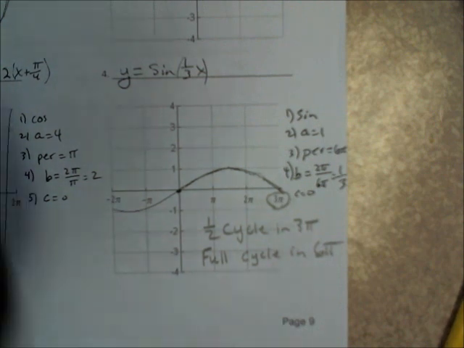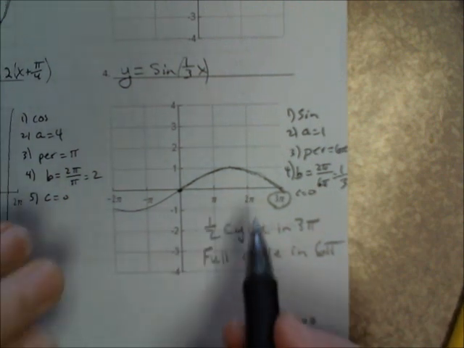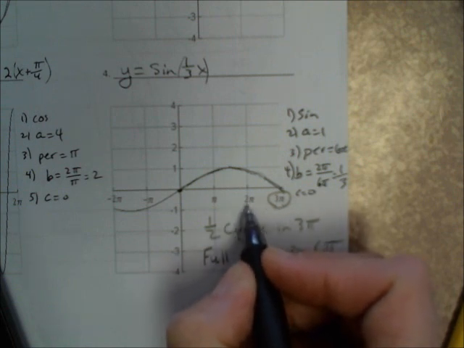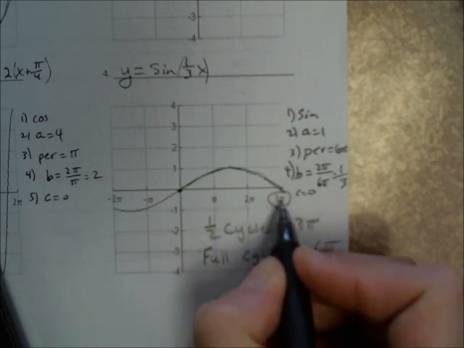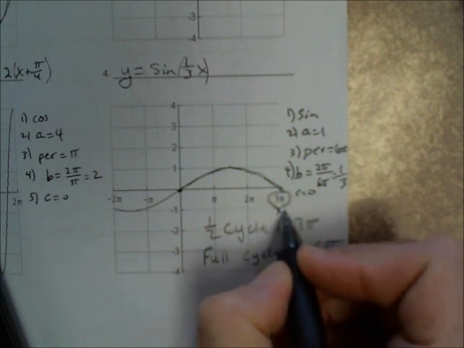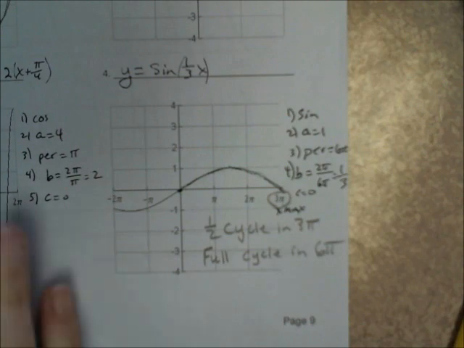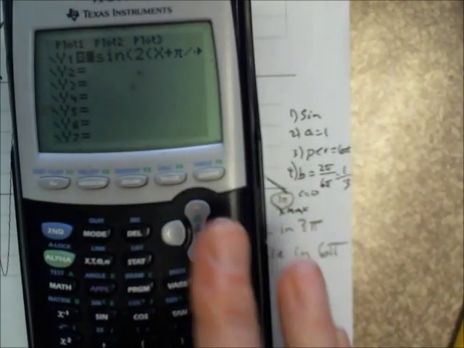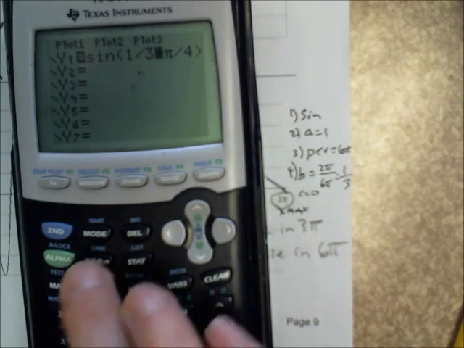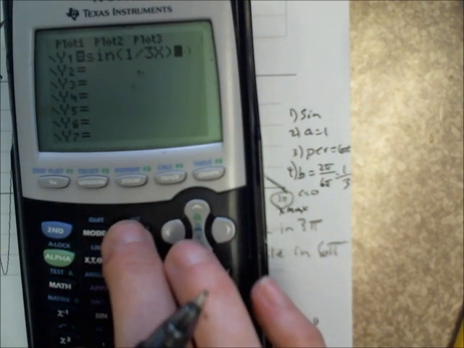And if you want to see this on your calculator, when you zoom trig, it'll only go out to 2 pi. That would be the x max. But if you wanted to go all the way out to 3 pi, you would just change x max. So when we put this in to check our answer, this is the sine of 1/3 x. We don't need anything more.